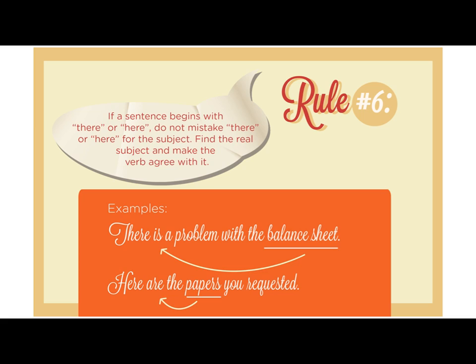The balance sheet is the subject. So, we have to give the singular verb is. Like the same, second sentence, here are the papers you requested. Which one is the subject here? Yes, papers. That's why we are using the plural verb are.